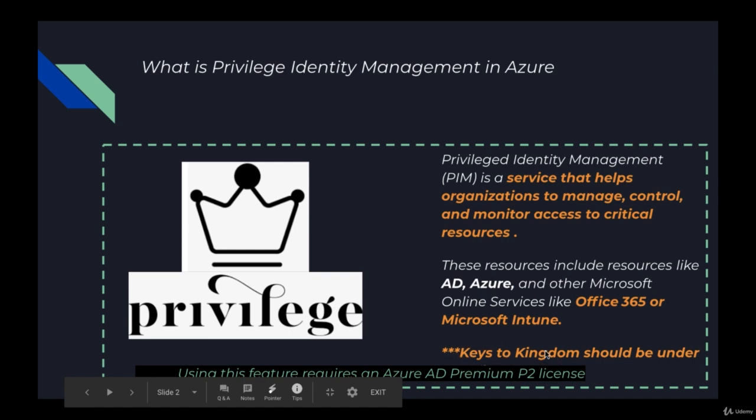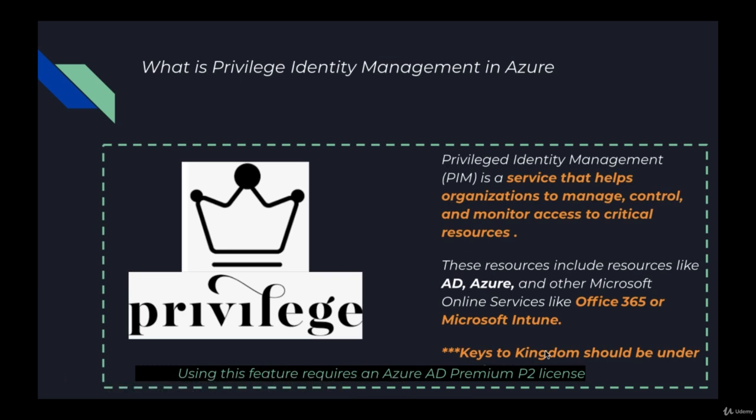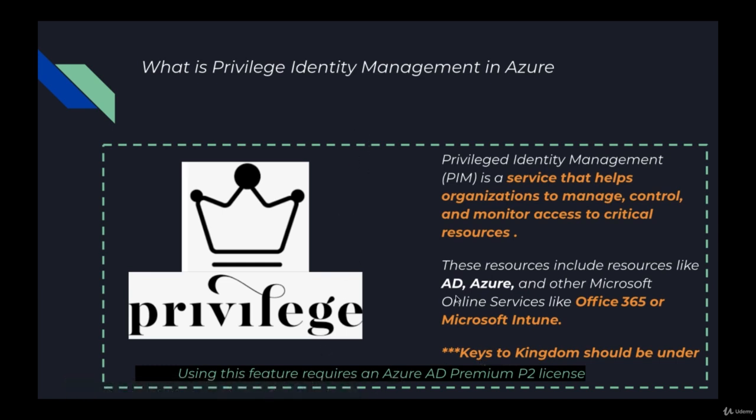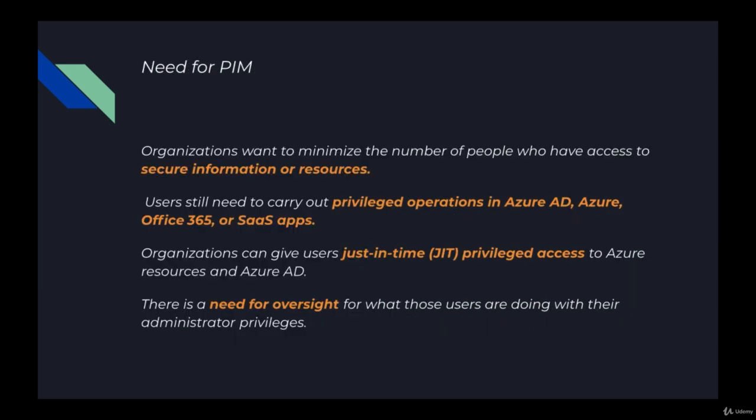That is why the security of high privilege users is really very important in your organization. To get this feature in Azure, you need to have the Azure AD P2 license.